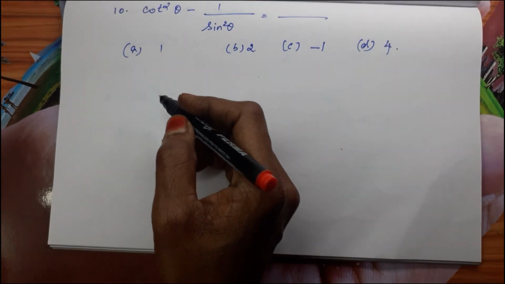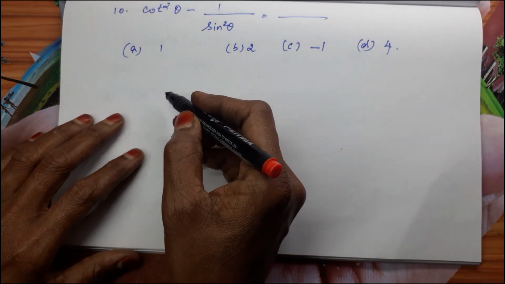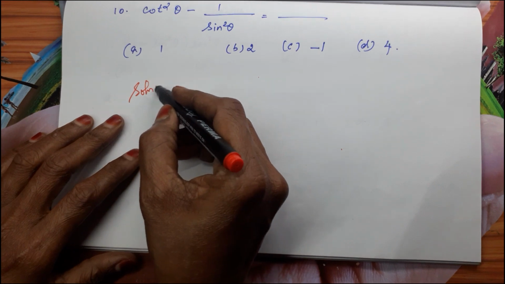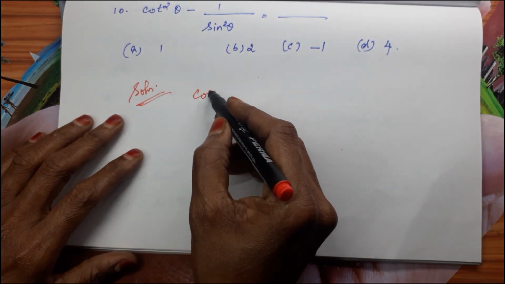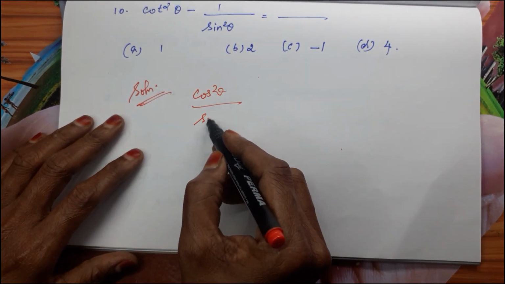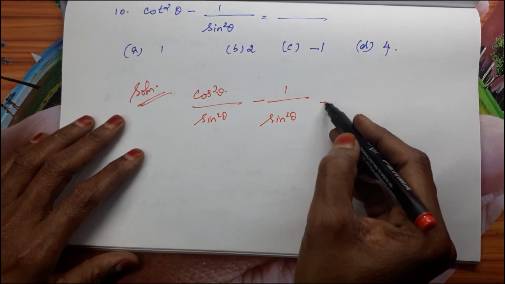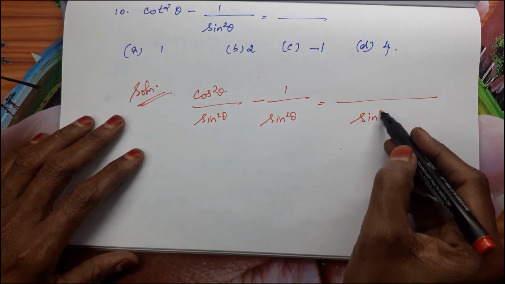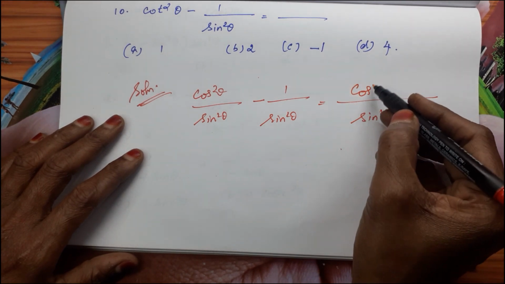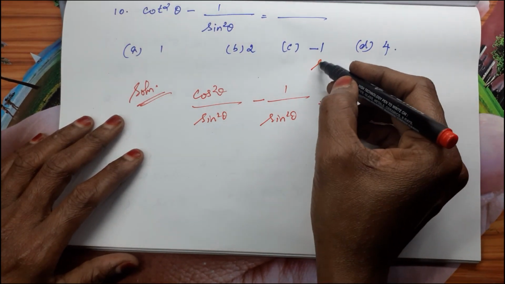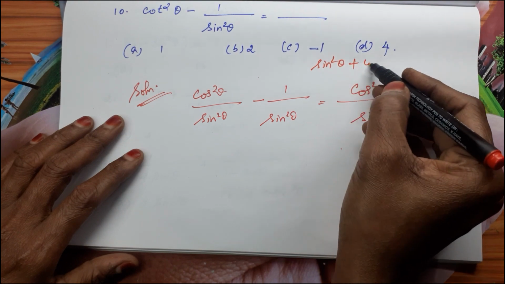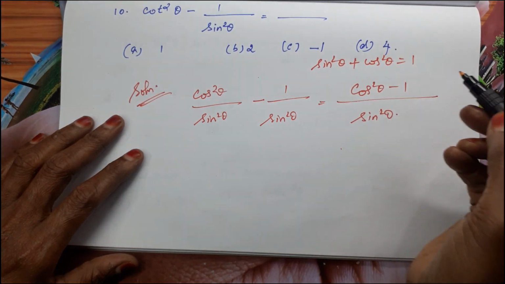And the last problem what we have is cot squared minus 1 by sine squared. Cot squared can be written as cos squared by sine squared minus 1 by sine squared. Both are having sine squared as the common LCM. So sine squared, cos squared minus 1. We have sine squared plus cos squared equal to 1, right?